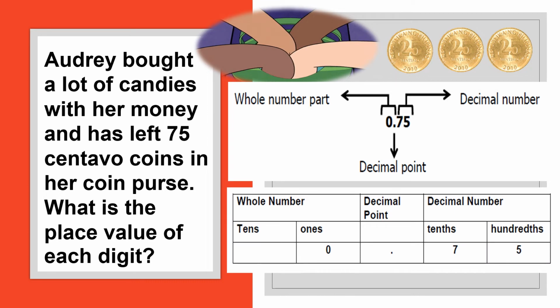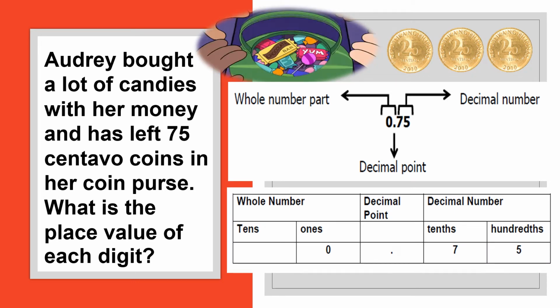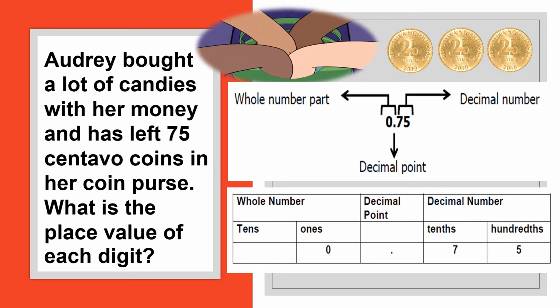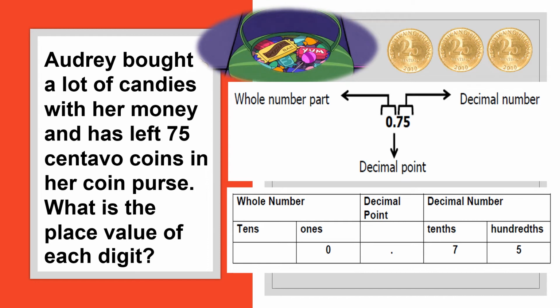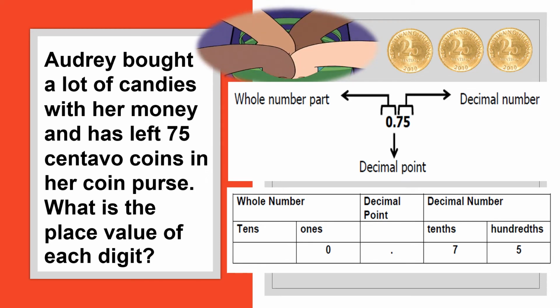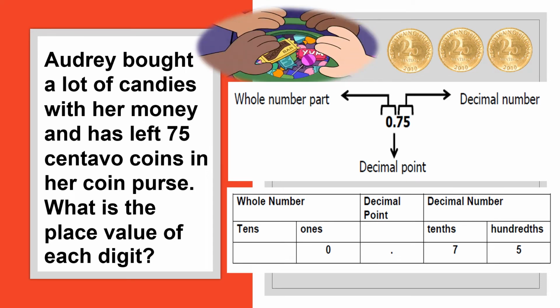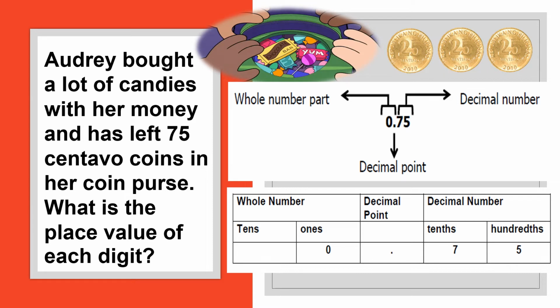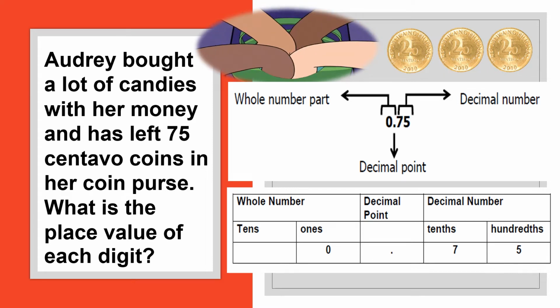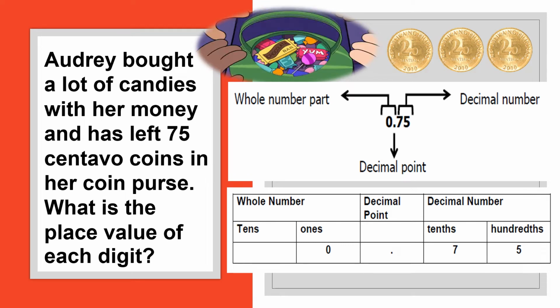So, the place value, to be clear, here we have the whole numbers, beginning with the ones, tens, and hundreds. We separate the whole number from the decimal using the decimal point, and it can be read as "and".